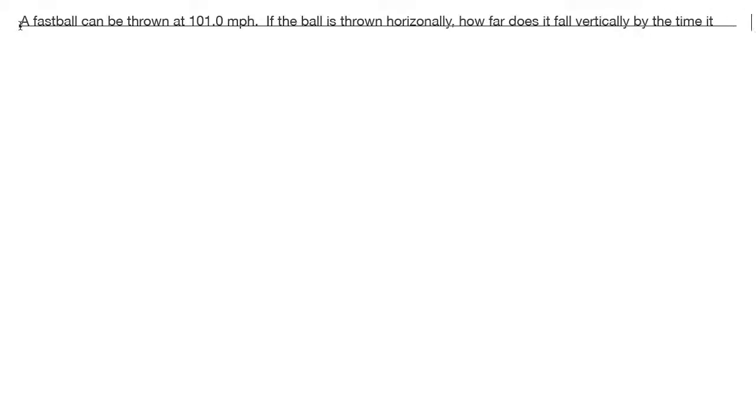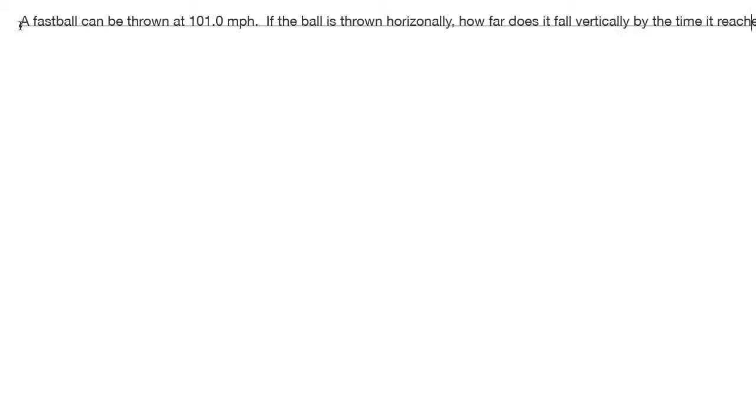So that's a pretty fast pitch. Not the fastest ever. The question is, if the ball is thrown horizontally, how far does it fall vertically by the time it reaches home?